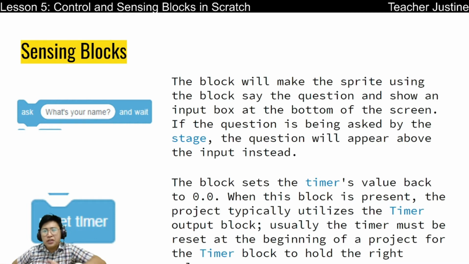In creating a game, sometimes there are games that provide time limits. For example, the time limit to fight or to finish the game is only 1 minute. So you can reset that timer using this command.